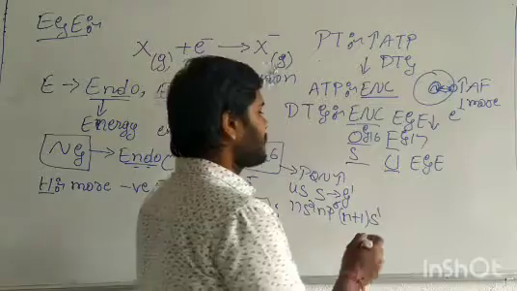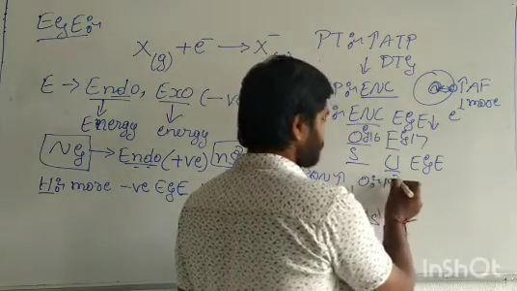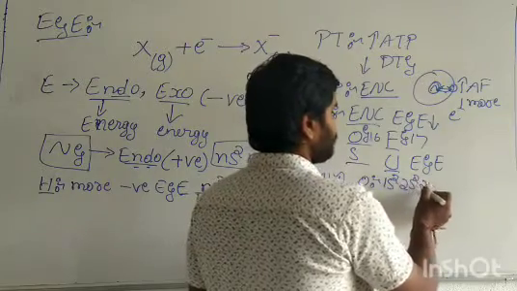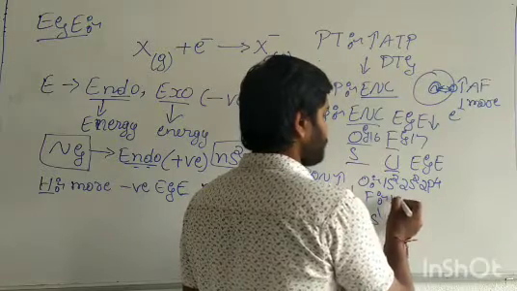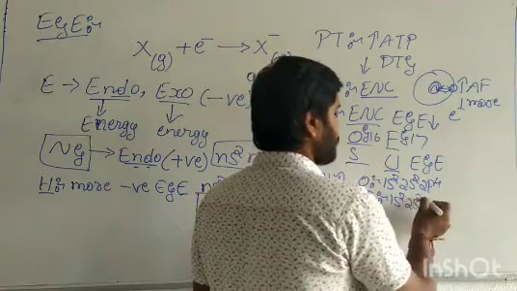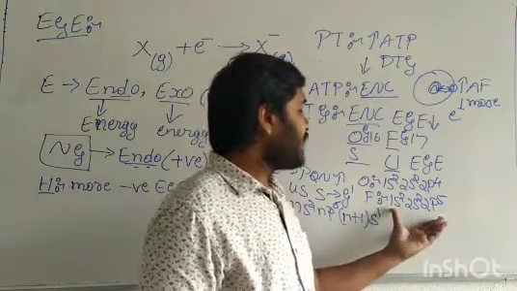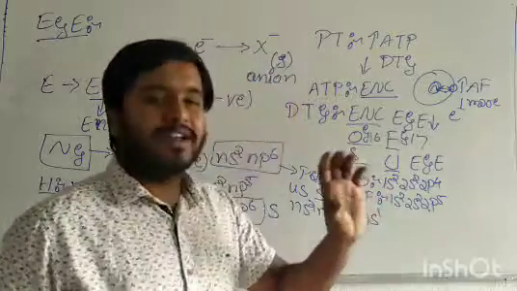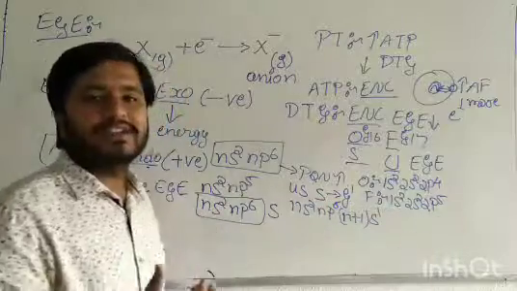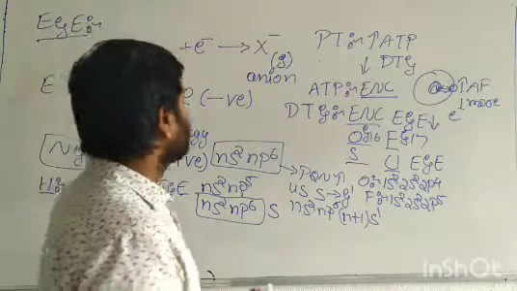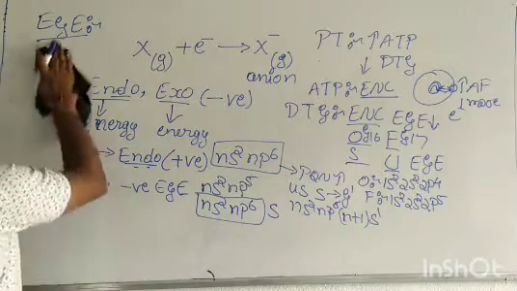So here, oxygen's electronic configuration is 1s2, 2s2 and 2p4, whereas fluorine has the electronic configuration 1s2, 2s2 and 2p5. Here there are 9 electrons in fluorine with a smaller size, and you know that along the period the size of the atom decreases, so in a small size we have a large number of electrons.